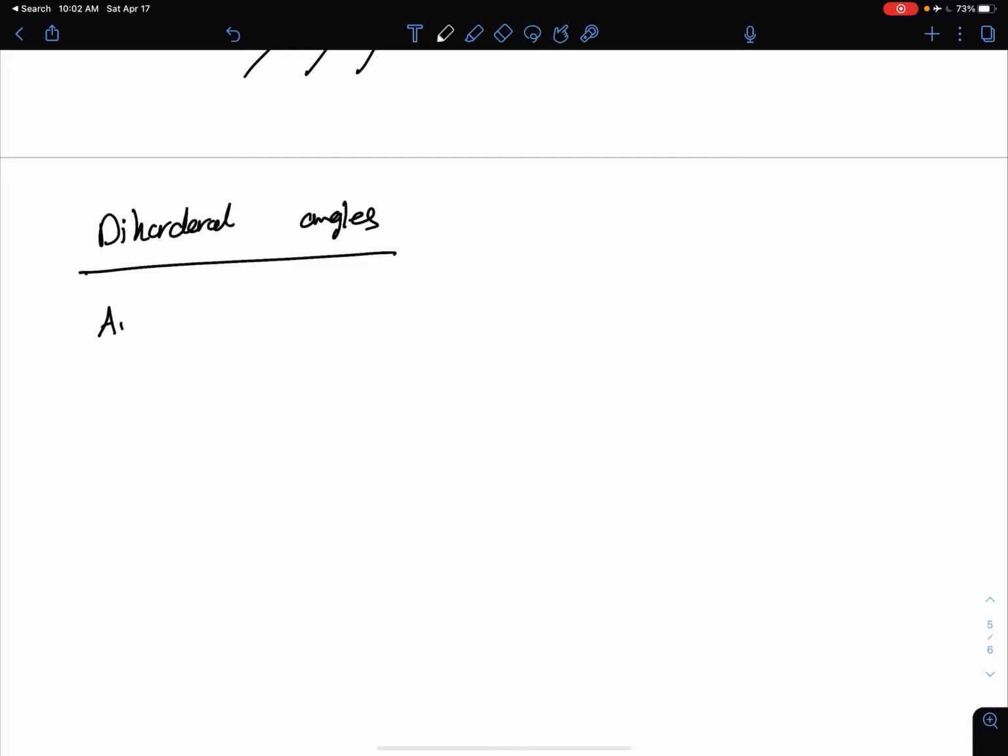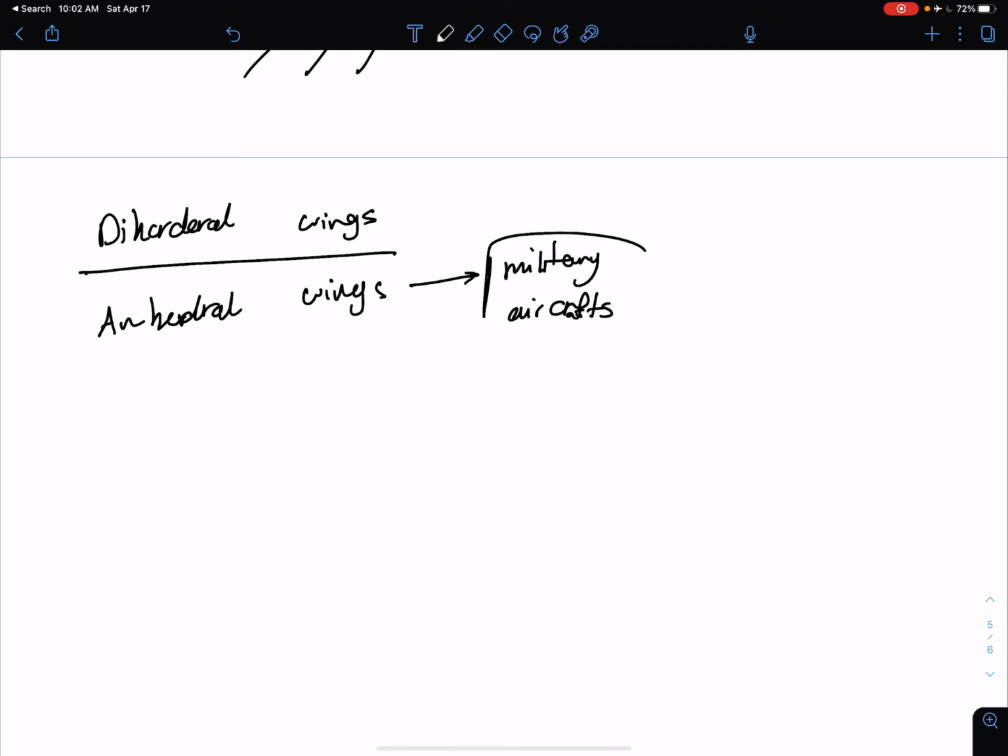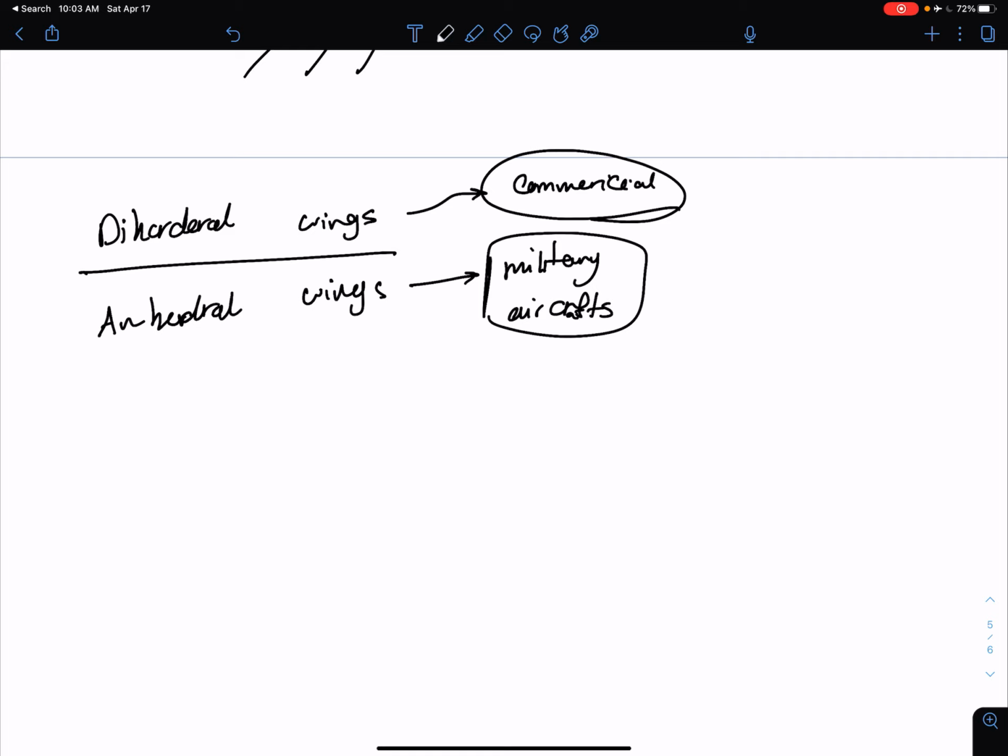But anhedral wings are mostly used in military aircraft, and this is usually due to the stability concerns that you have.